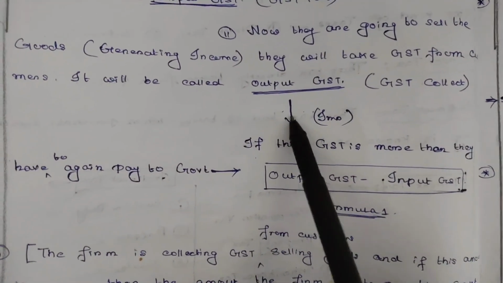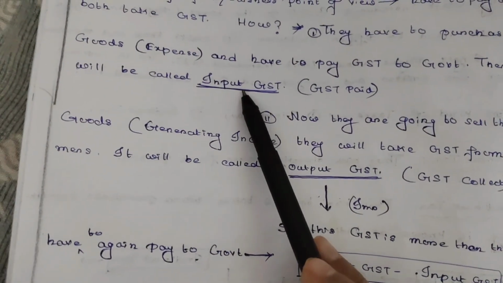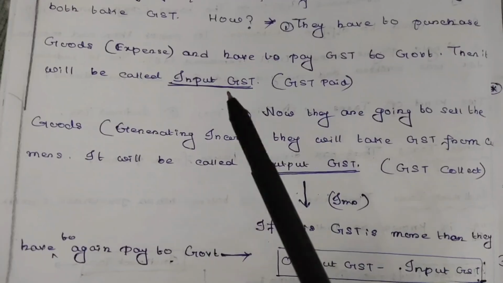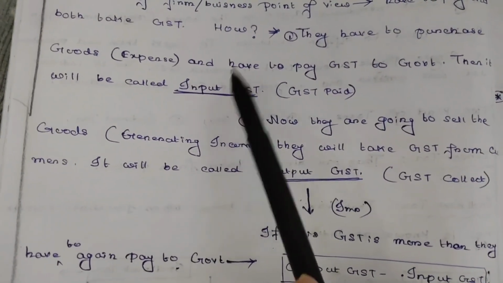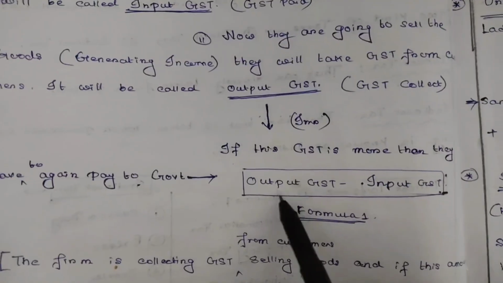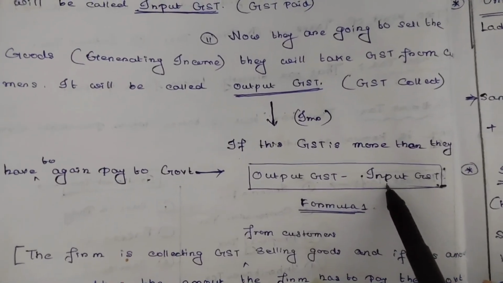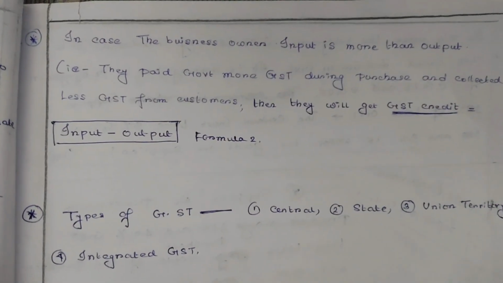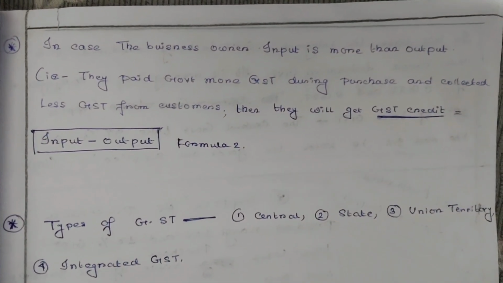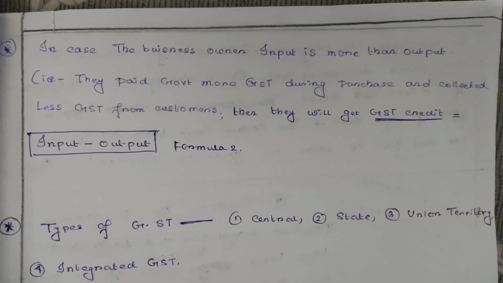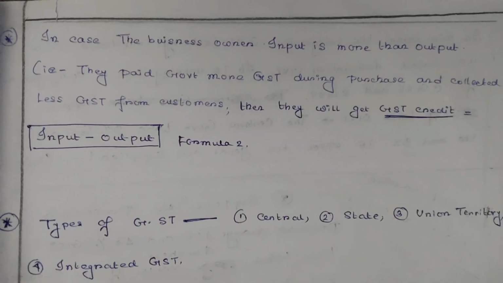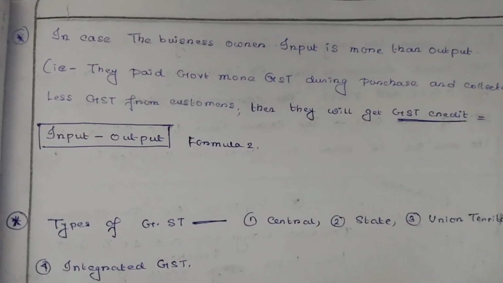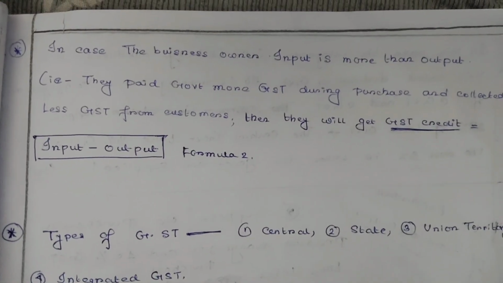When this GST is more than the input GST, those business owners give the difference to the government, the output GST minus input GST. This is formula number 1. And in case the business owner's input is more than the output, that is they paid the government more GST during the purchase and collected less GST from customers, then they will get GST credit. That will be input minus output. That is formula number 2.